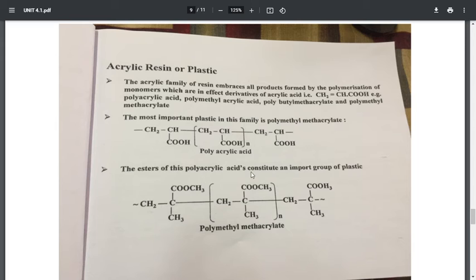The ester of this polyacrylic acid constitutes an important group in plastic. So if I just add an ester group to it, CH2CH, ester group COOR, where R is the CH3 here, so it becomes polymethyl methacrylate.